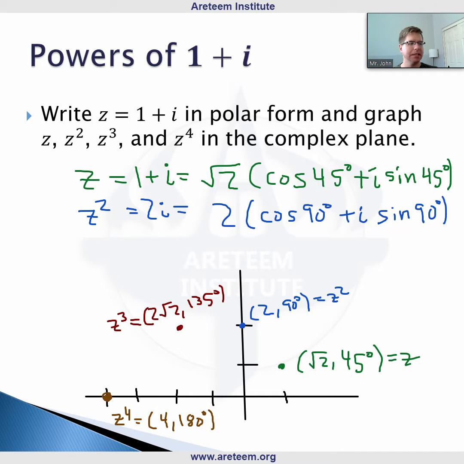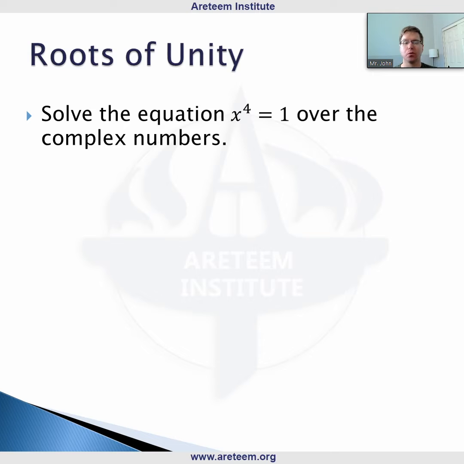Okay, let's look at our first roots of unity. These are fairly simple again. We have x to the 4th equals 1 in this scenario. Now I don't want to make it seem like you have to use this method always. When they're simple enough, you can use algebraic techniques. So if you're solving this, you might say x to the 4th minus 1 is 0. We can factor this as x squared minus 1 times x squared plus 1.